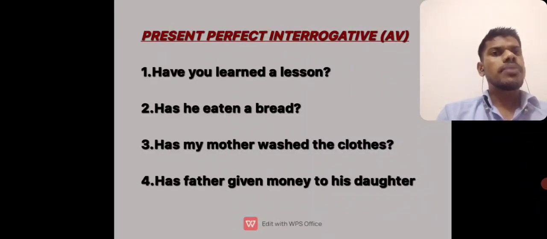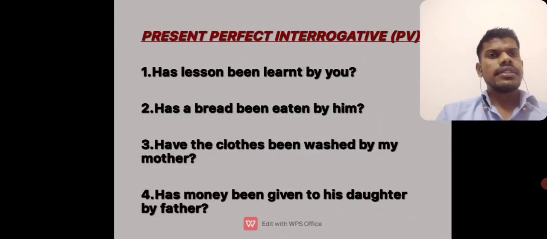How to convert this present perfect interrogative to passive form? Let us see. First we have to use has or have, followed by the object, then been, then the third form of the verb, that is the independent verb must be the third form V3, followed by the object.